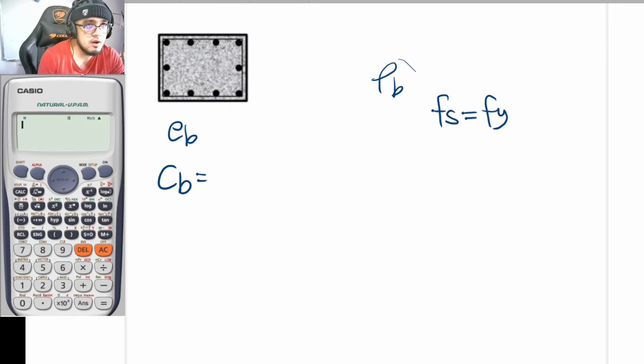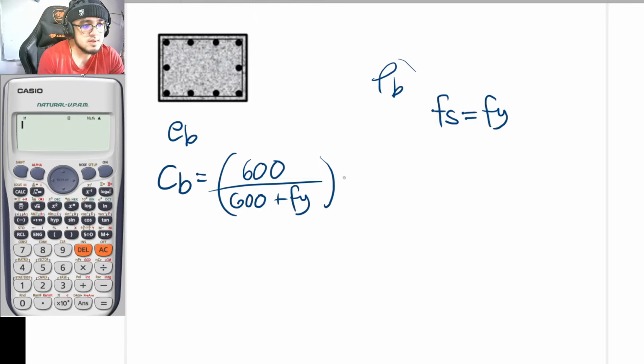If you remember from the previous discussions, this is basically 600 divided by 600 plus Fy, times the effective depth d. After solving for c balanced, you can now solve for your nominal balanced axial load, that is Pnb.